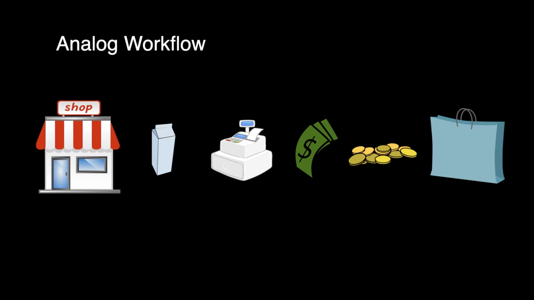The merchandise is presented to the cashier, who enters them into the cash register through some sort of POS system, and then the customer pays and the change is given back to the customer and they can leave with their merchandise. This is a very simple analog workflow. A more digital workflow would be something like sending your customers a verification email when you've received their order.